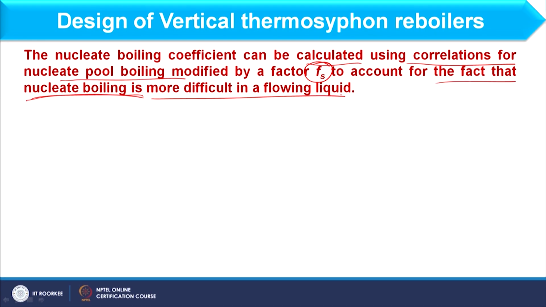Because when we consider nucleate pool boiling, the fluid is at a stagnant position, but here the fluid is continuously moving. So, whatever coefficient we obtain for nucleate boiling should be reduced by the factor Fs, right. So, the maximum value of Fs should be 1.